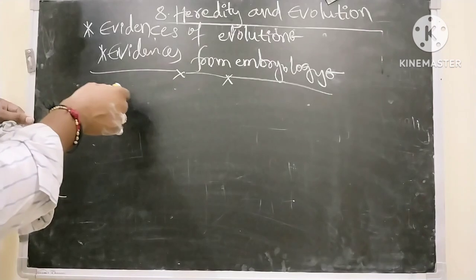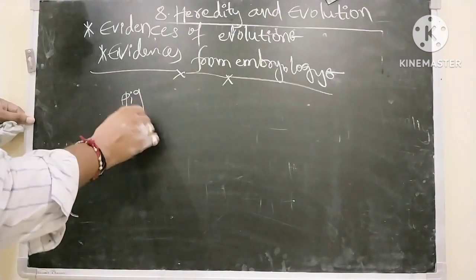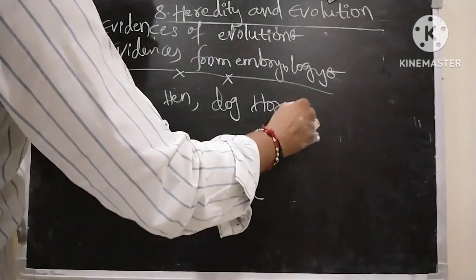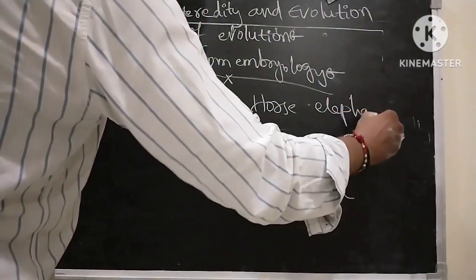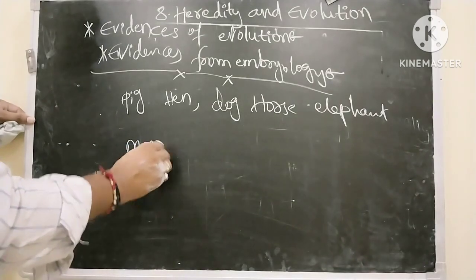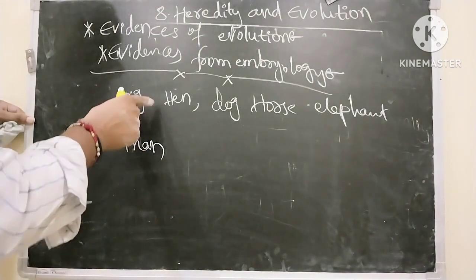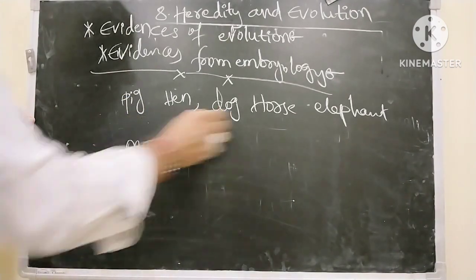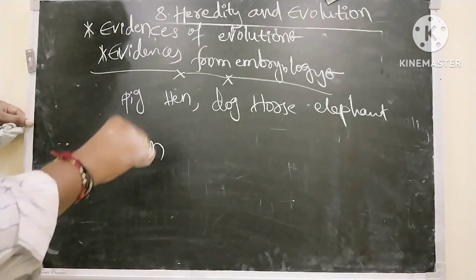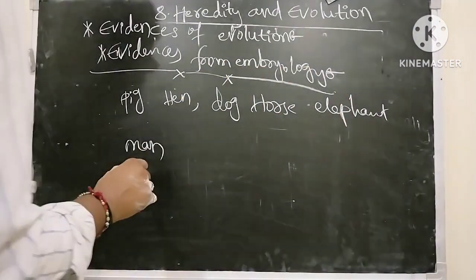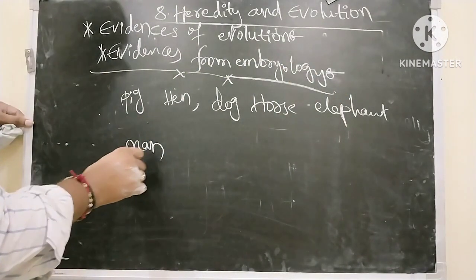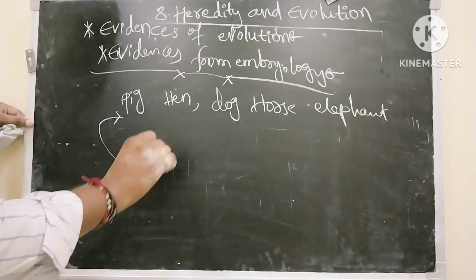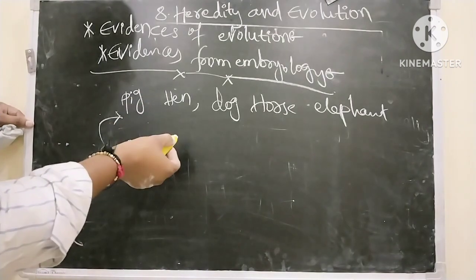For example, if we place a pig embryo, hen embryo, dog embryo, horse embryo, elephant embryo, and human embryo in a line on a table, all at the early stages, and we ask an expert embryologist to guess which embryo belongs to which animal, even he cannot predict perfectly which embryo belongs to which particular animal.